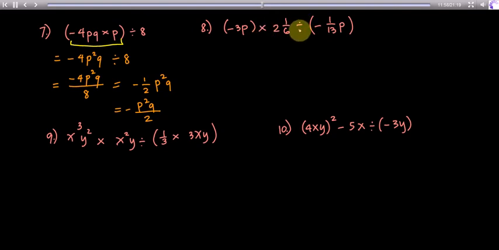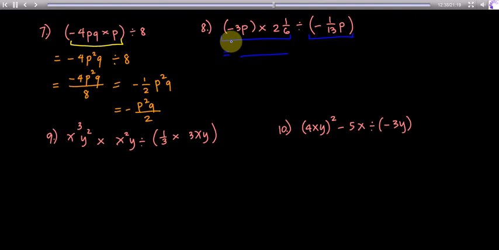So meaning we're going to do the times first, because we're having the MDAS, so we can have 3p times 2 and 1/6 divided by this negative 1 over 13p. Let's change this into fractional form first, but we have to simplify this one first and over this one.